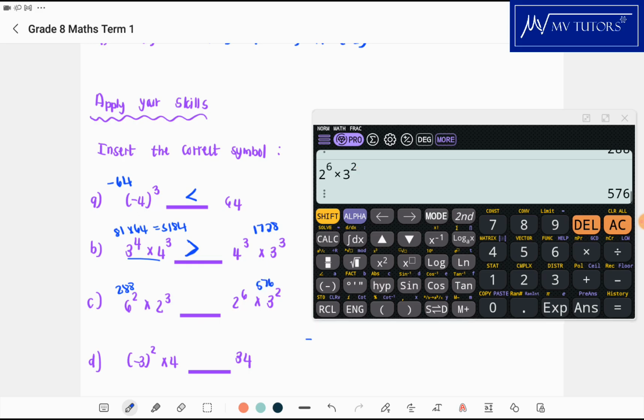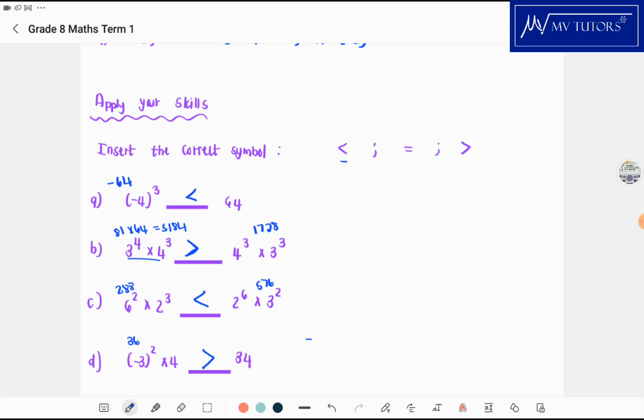So we know which one is bigger there. Then we have negative 3, so we're going to put it in brackets. Negative 3 squared multiplied by 4, that's 36, and we have 34 there. So yeah, there we go. All right, this exercise was nice.